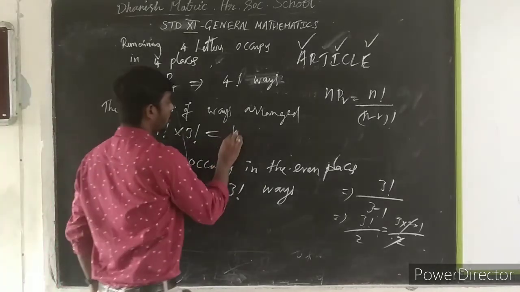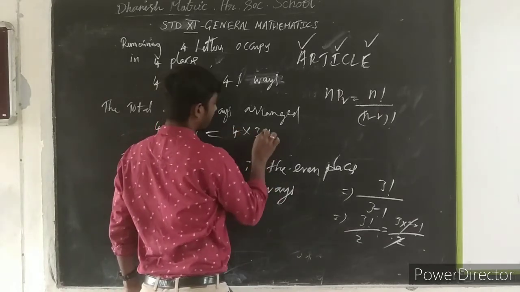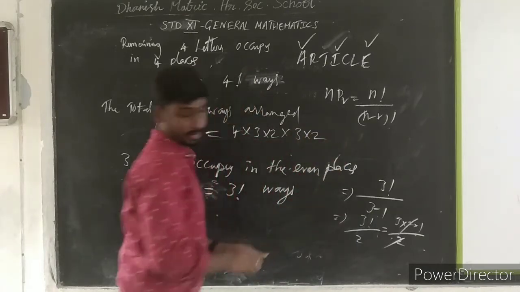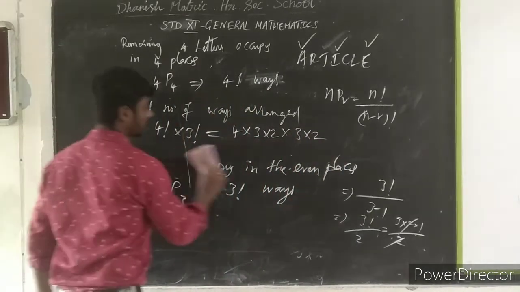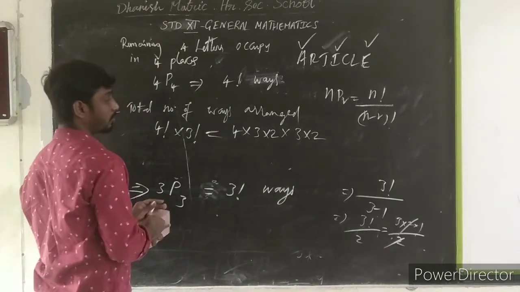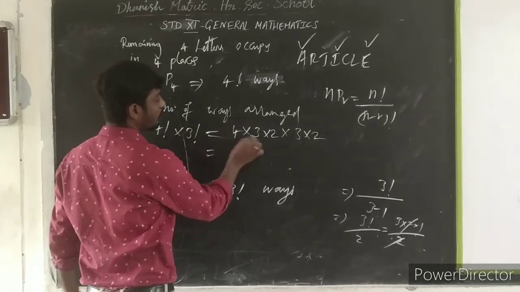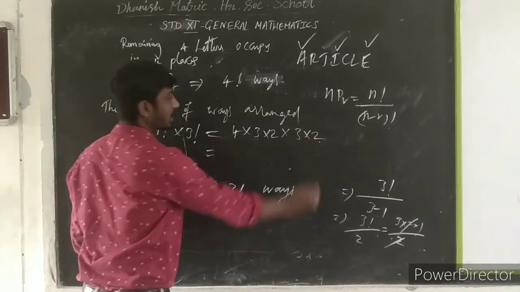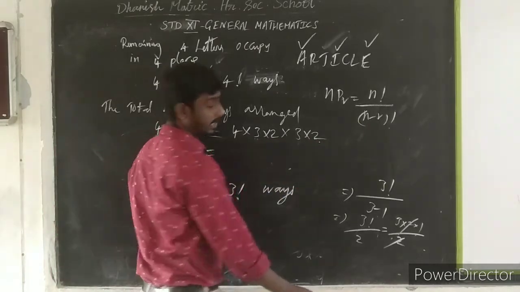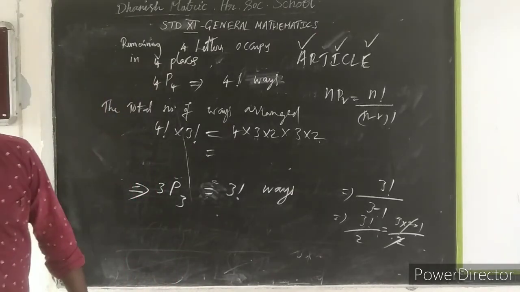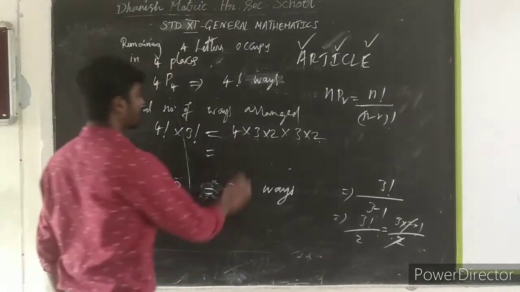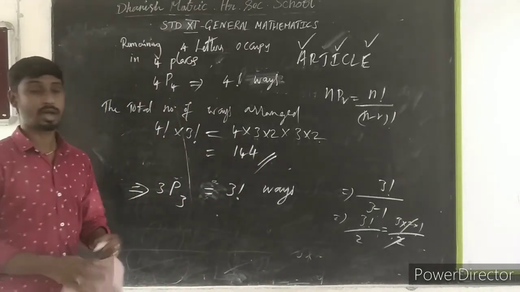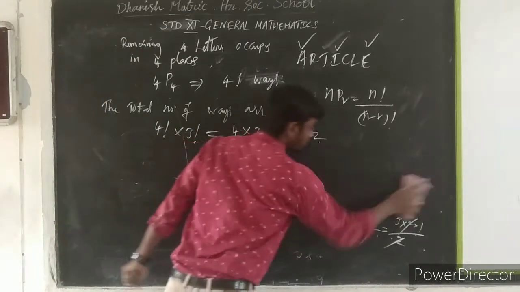So you get 4 into 3 into 2 into 3 into 2; I don't need to write 1 because we are multiplying by 1. 4 threes are 12, 12 into 2 is 24, 24 into 2 is 48, 48 into 3 is 144. That is the answer, for a very simple one. If you understand the concept, it will be easy to solve the sums.